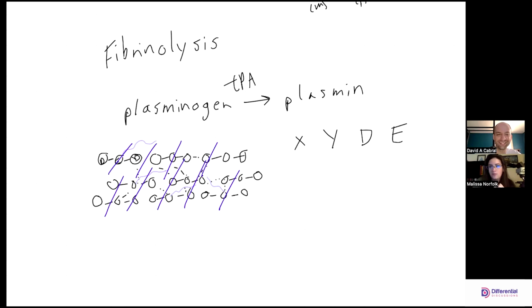So you have your X pieces, which are essentially your D and E fragments or your E and D fragments. So you take your fibrin molecule, right? Here we go. We've got fibrin, you've got a D, you got an E, you got a D. And if you've cleaved here, you got an X piece and a little D piece left over. If you have the full piece, the DED, that's what a Y is.